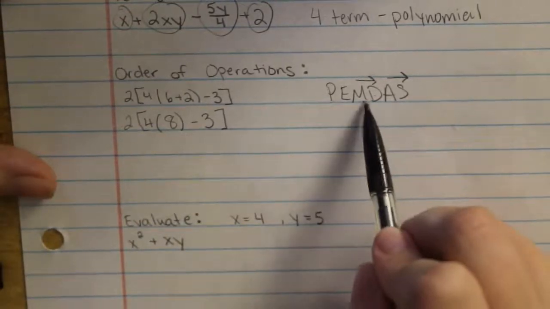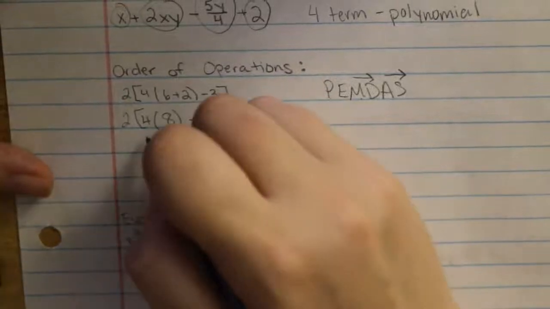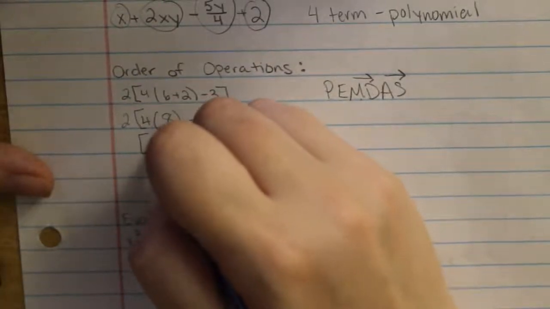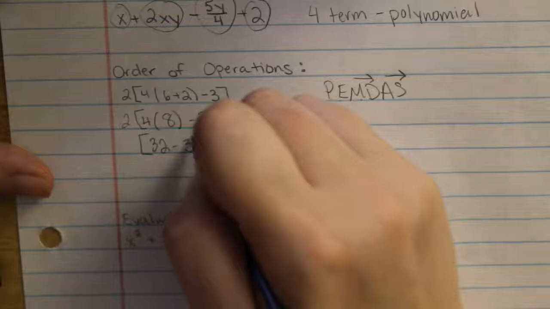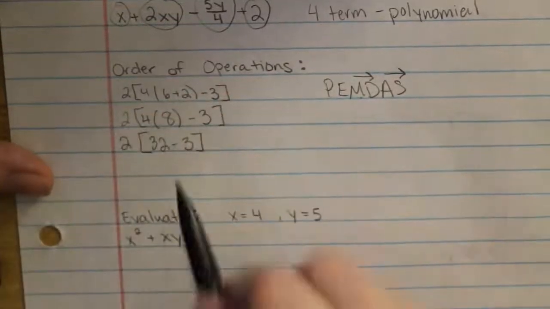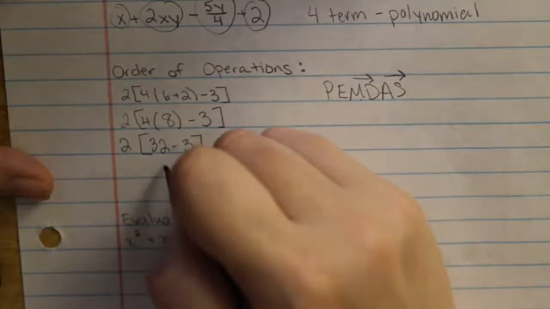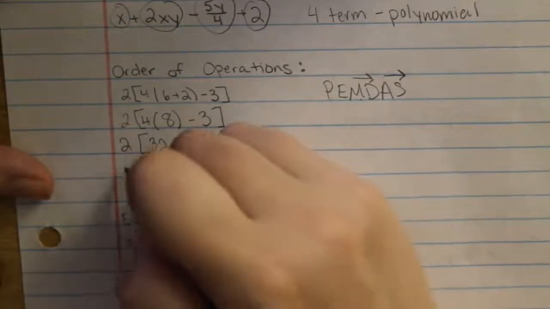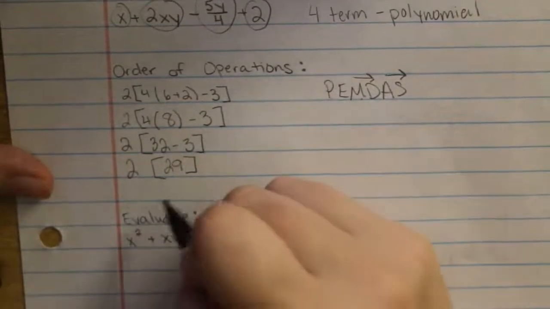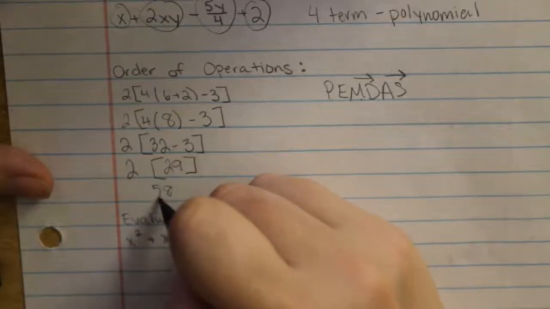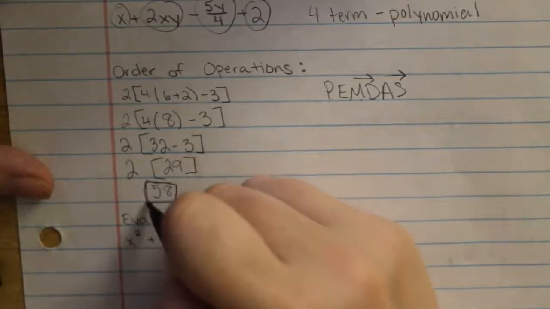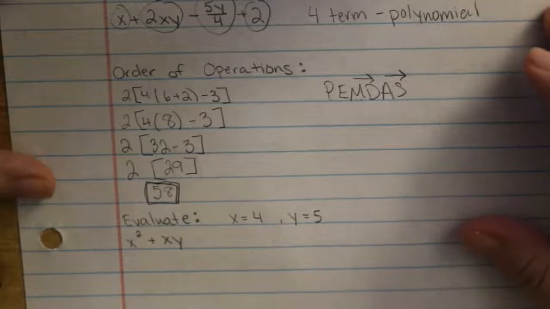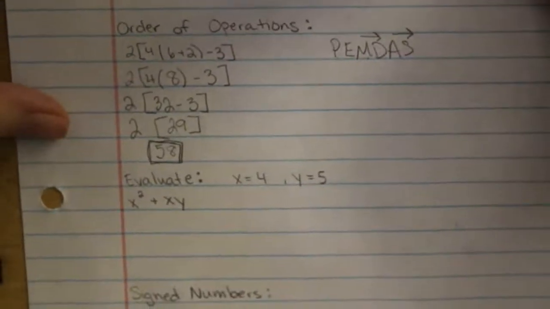I'm going to do the multiplication and the division because I have no exponents. So I've got 32 minus 3, all times 2. I'm going to do 32 minus 3, and I'm going to get 29 times 2. 2 times 29 is 58, and we have our final answer there. Okay, just don't forget your order of operations. They will come in handy.